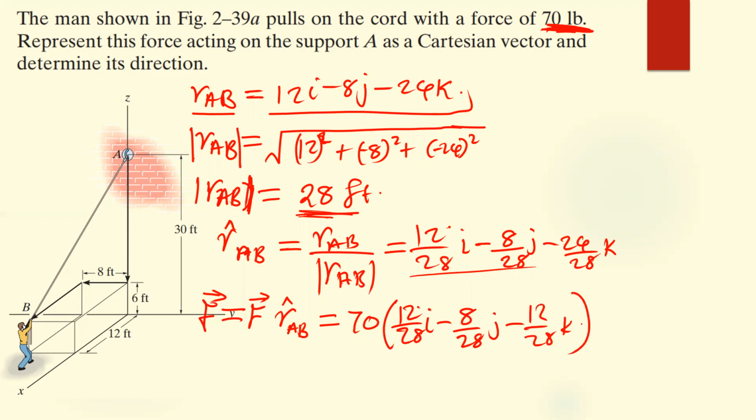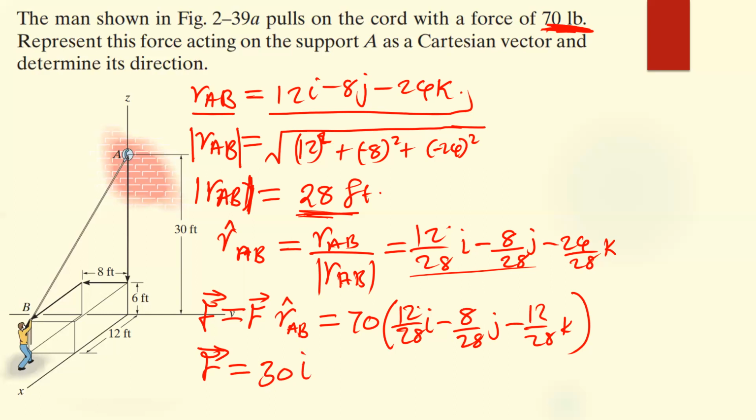So once you do the multiplication there, the solution that you're going to find is the Cartesian force that we're looking for. So the first one, you have 12 divided by 28, and then you multiply it by 70, we're getting 30i.